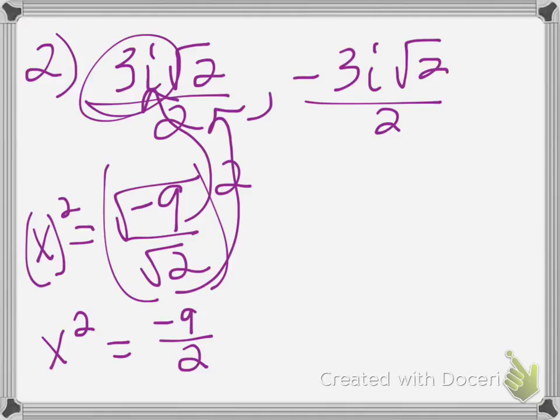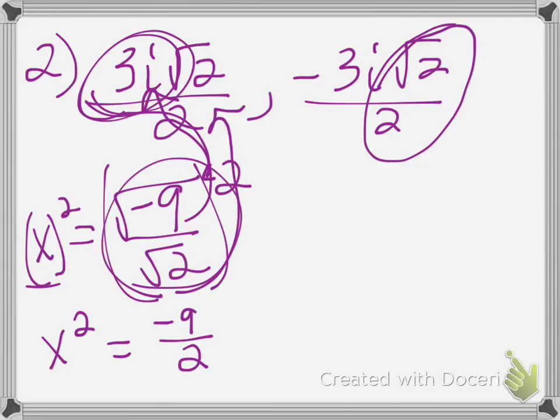Hopefully you're following me, or it's making sense. I am working backwards, using a little bit of critical thinking here: 3i would have been the square root of negative 9, and seeing the square root of 2 over 2, there needed to be a square root of 2 in the denominator. When you square it all, that removes the square root, and that gets me my quadratic term.